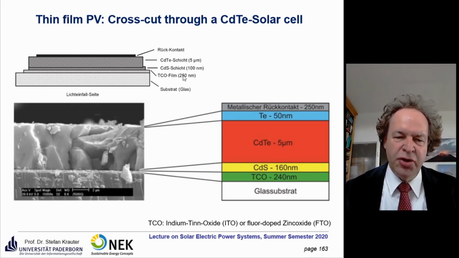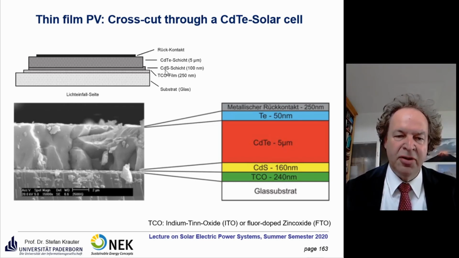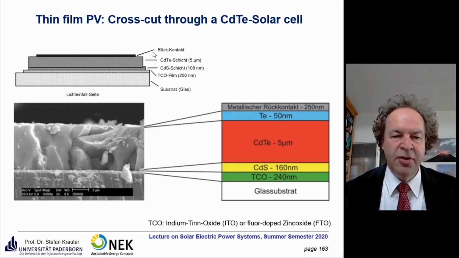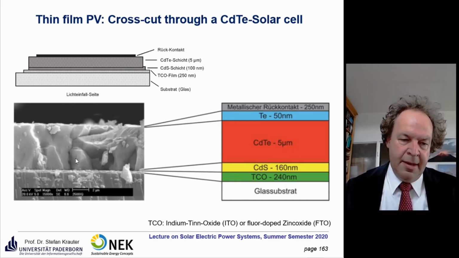This is usually worse than a real metallic contact because it degrades easily. It is quite thin, so it cannot carry a large current. But that's the only solution for making such an integrated module. Then you have the cadmium sulfide layer, and then the cadmium telluride layer, and then you have the back contact. Here you have a similar part with an amplification of the structure.